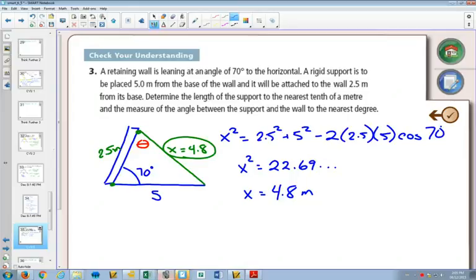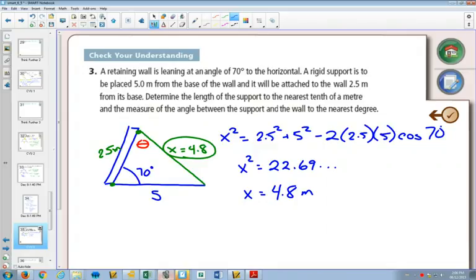Because what I want to look at is, could I solve for theta if I didn't have the 4.8? Can I use only the information that I have to solve for theta? So sine law, you need a side and an opposite. That would work, but I don't know the angle and opposite side given unless I use the 4.8.